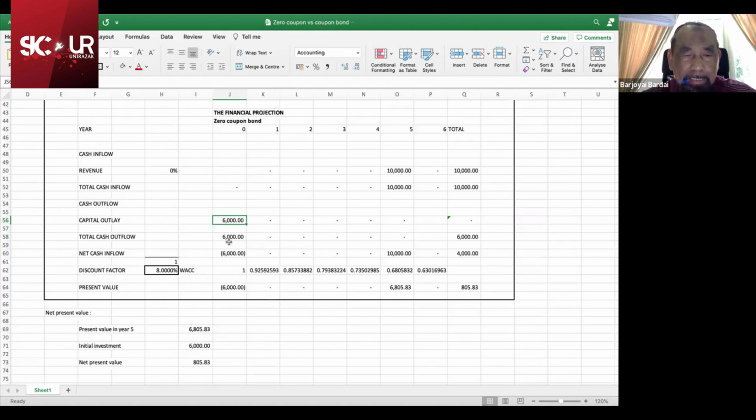In this case, you know that the return is higher than 8%, because at 8% it gives the net present value. So if you can buy at 6,000, actually 6,000 is a 40% discount, because the face value is 10,000.